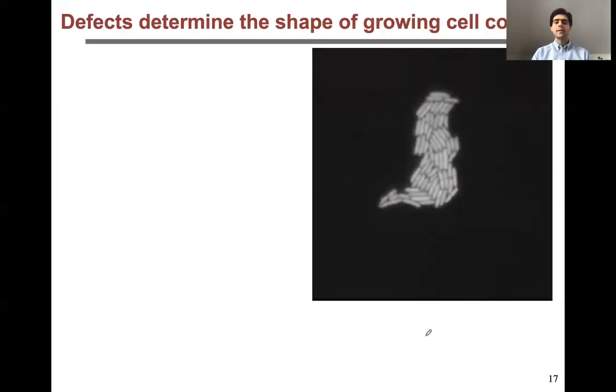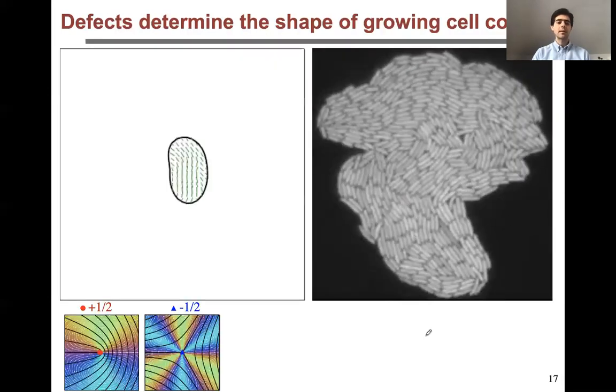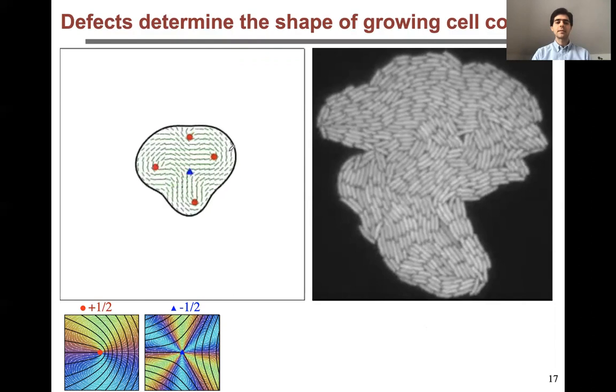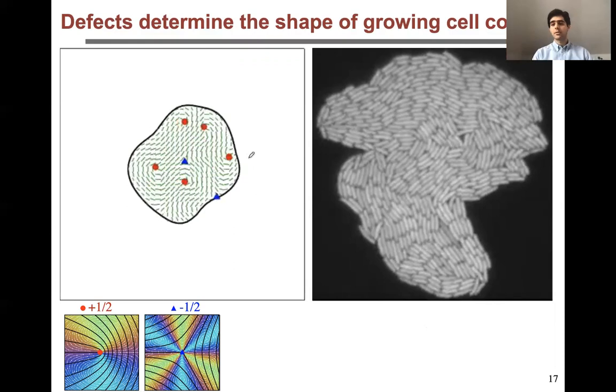And now, if I use this phase field modeling to look at the expanding colony of active nematics, I notice that essentially once the defects formed, here the plus half defects are shown by the circles, the defects move towards the interface. And this movement towards the interface basically changes the shape of the colony.